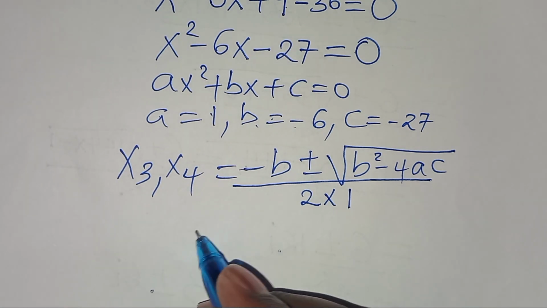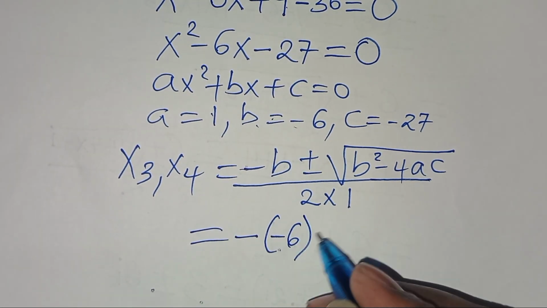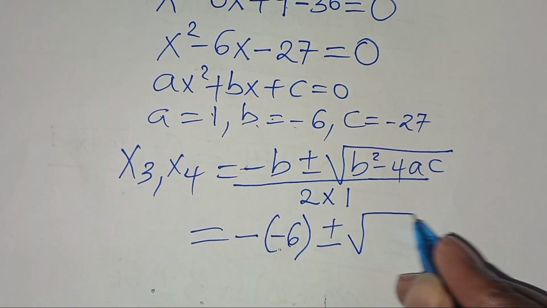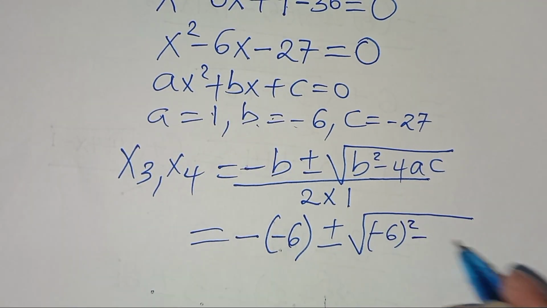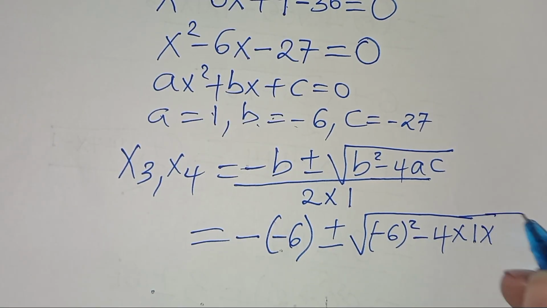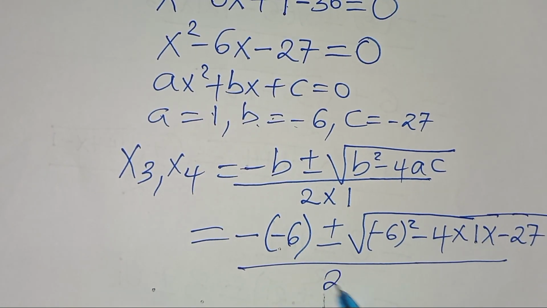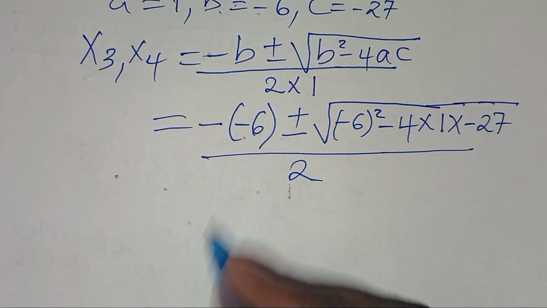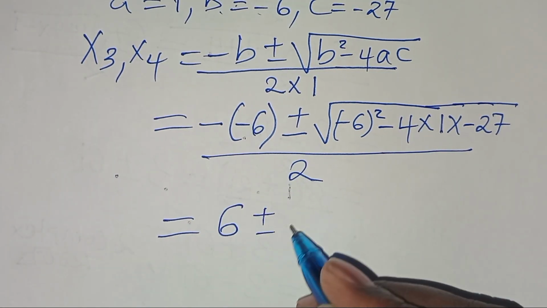So in this case, let's substitute. We have negative times negative 6, which is the value of b, plus or minus the square root of b squared. This is negative 6 squared minus 4 times a, which is 1, times c, which is negative 27. All this divided by 2. So the next phase here, negative times negative 6, this is 6, plus or minus.